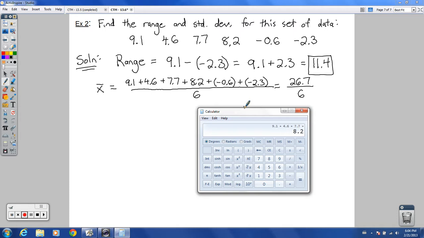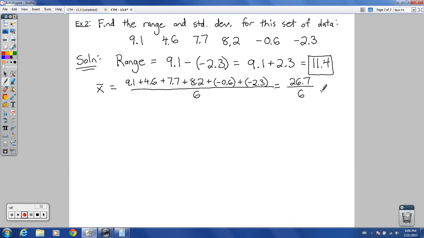The plus and negative is the same as saying minus, so I'm going to say minus 0.6 and minus 2.3. And that gives me, yep, just what I thought it was, 26.7. If I divide that by 6, I get 4.45. Now that's going to be important for us as we continue this problem.